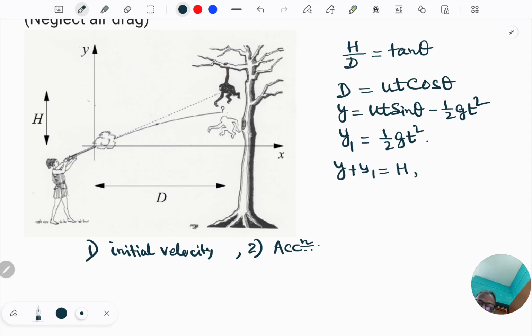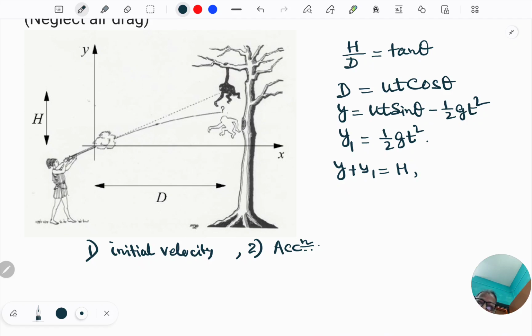Now, that is what we had done earlier when we took the reference frame fixed to the ground. If I now change the reference frame fixed to the monkey, suppose I take my reference frame as the monkey. Mind that whichever object I take as the reference frame, that object is stationary in my frame.